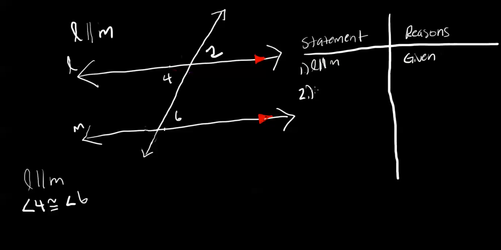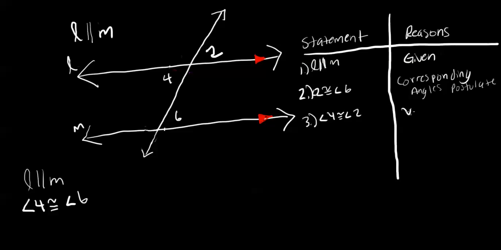Then angle 2 is congruent to angle 6. If lines are parallel, then corresponding angles are congruent. Now the next statement is angle 4 is congruent to angle 2, and the reason for this is that vertical angles are congruent.